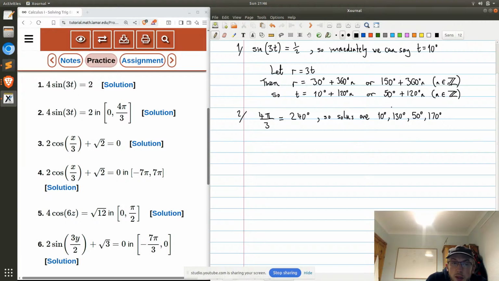But of course, they'd want them expressed in terms of pi, or in radians rather. So I'd say pi over 18. Ten pi over 18, which is 5 pi over 9. You should get them in order at least.